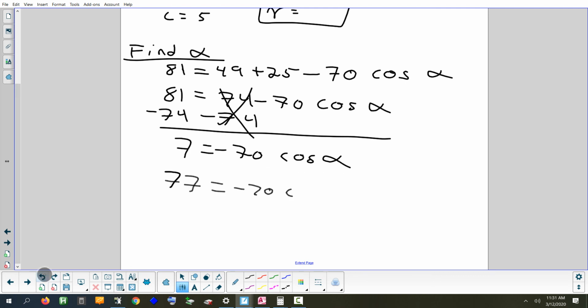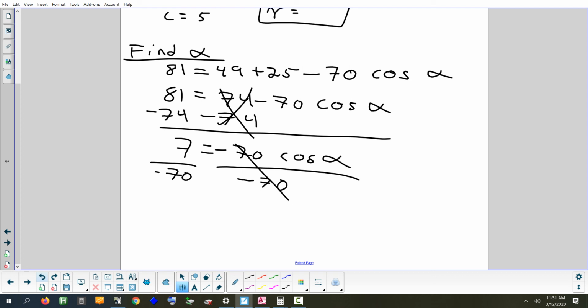So adding 70 to both sides won't help. Divide by negative 70. That's gone.